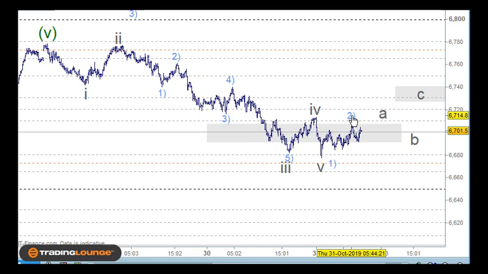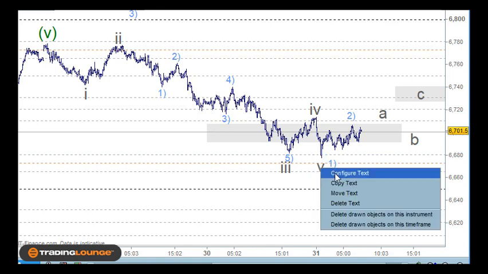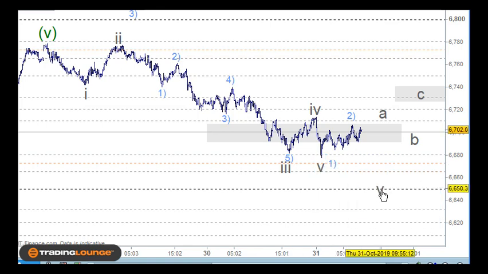But I doubt it, because, once again, if that's wave 1, wave 2 looks corrective to the upside, but it's taken too long compared to wave 1 here. But we just need to be mindful that there could be one for the 5th wave to finish here. Just copy this, we could get 1 and 2 and 3 and 4 and 5 down to, this is a very important level here, the 6650. I'll get into that a little bit later.